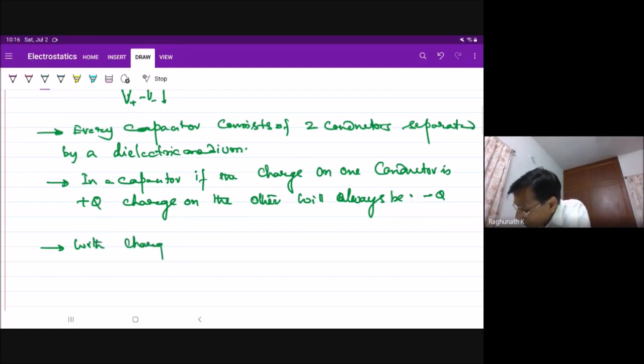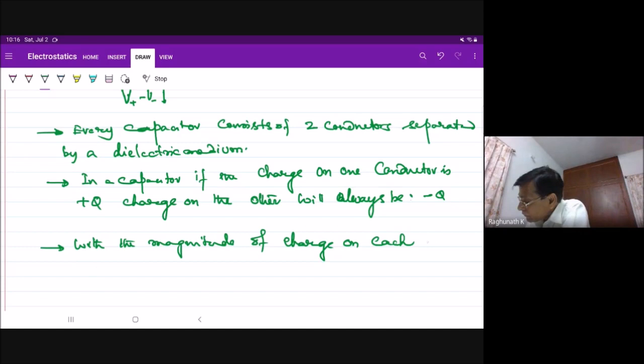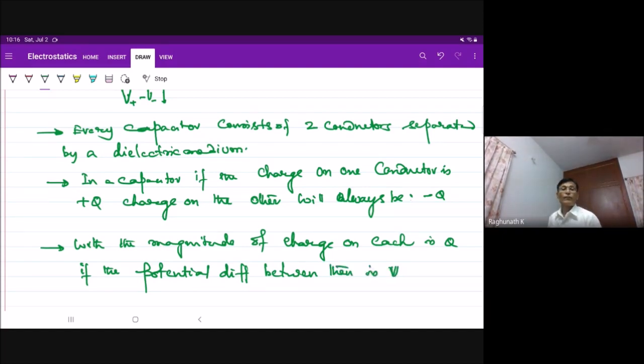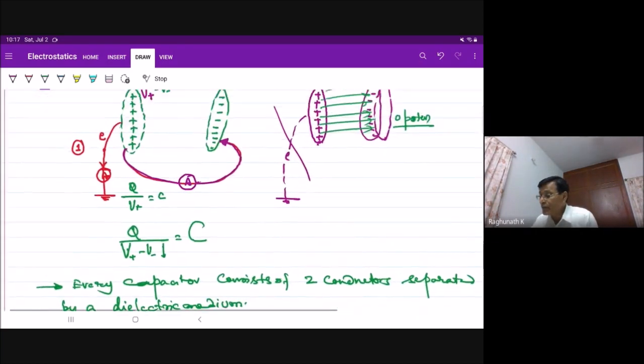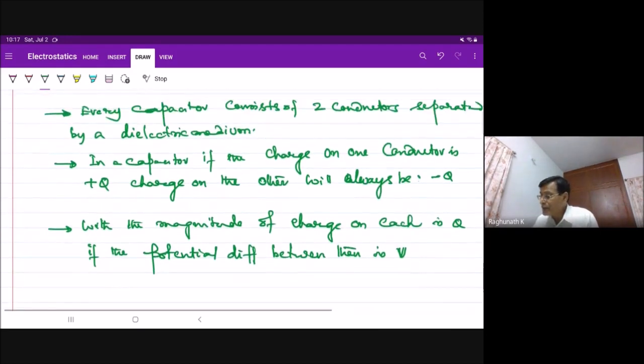With charge plus Q and minus Q on the conductors, the magnitude of charge on each conductor is Q. If the potential difference between them is V, is the potential difference between them the potential of the positively charged object?